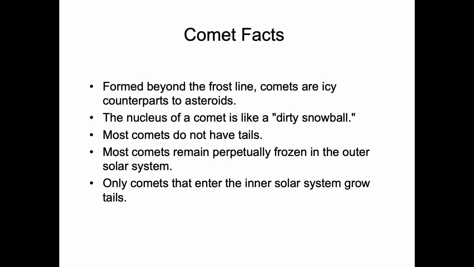Now, there are far more comets in the solar system than there are asteroids. And most of them don't have tails. A fact that usually surprises people when they hear that. Now, the reason that they don't have tails has to do with the temperature in the location where you'll find these comets.